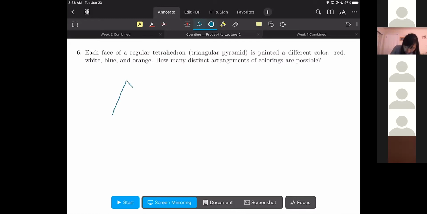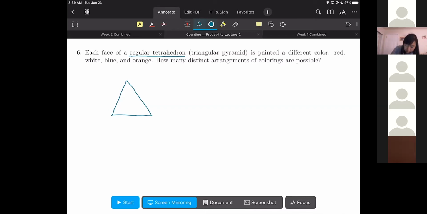Basically, a regular tetrahedron, and you might see this in geometry as well, but I'll give a quick intro, is a 3D object, and each face is a regular triangle, so basically an equilateral triangle.